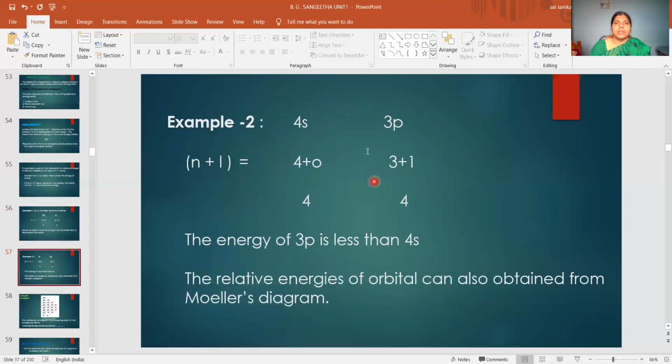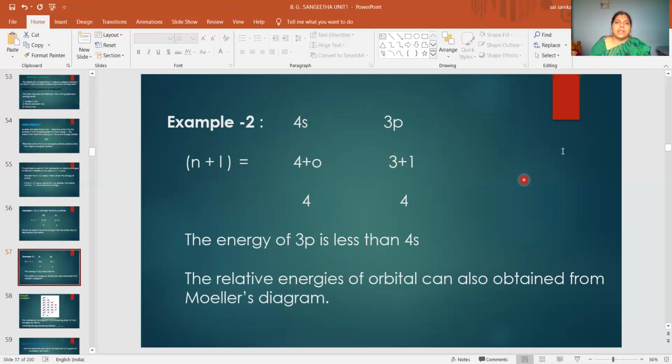If both orbitals have the same n plus L value, then you have to consider just the n value. Whichever orbital is having less n value has less energy. Here among 4s and 3p orbitals, 3p orbital has less energy, so electron enters 3p orbital first.